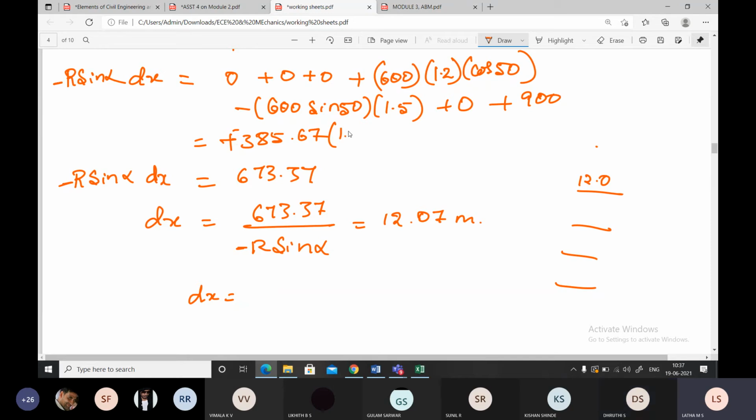And what about 600 sin 50? 459.62 into 1.5, plus 900.